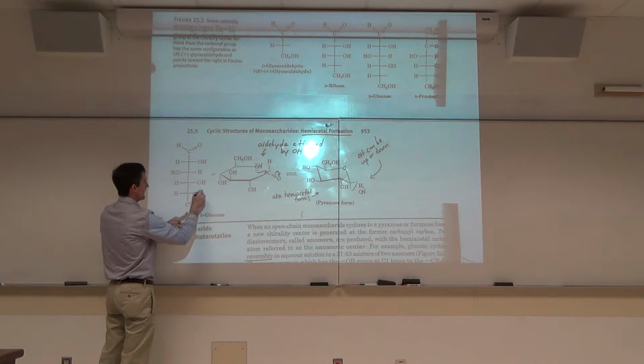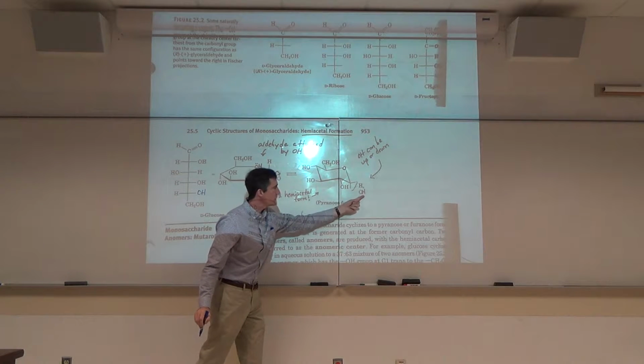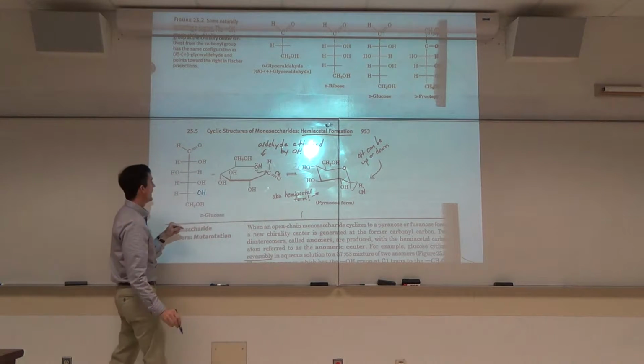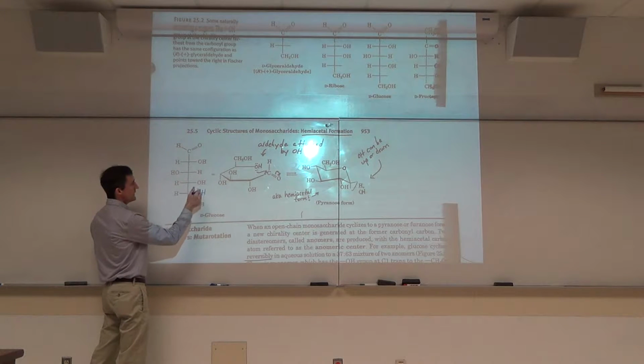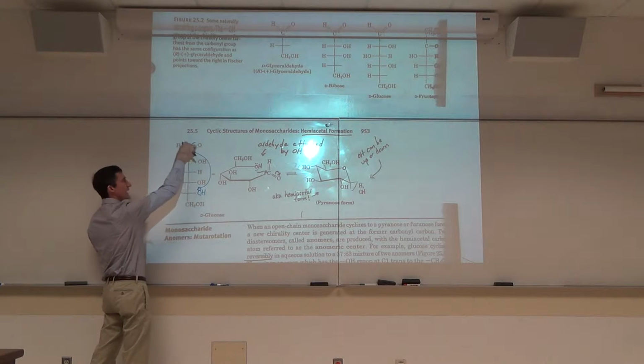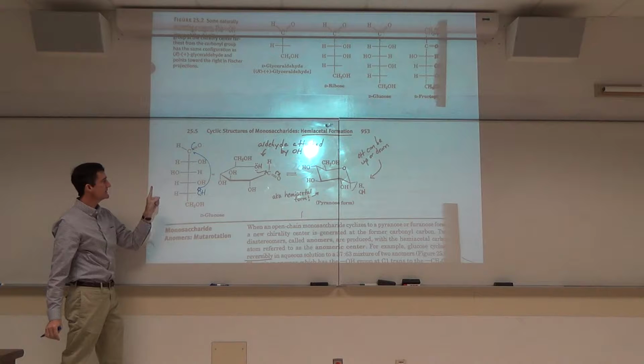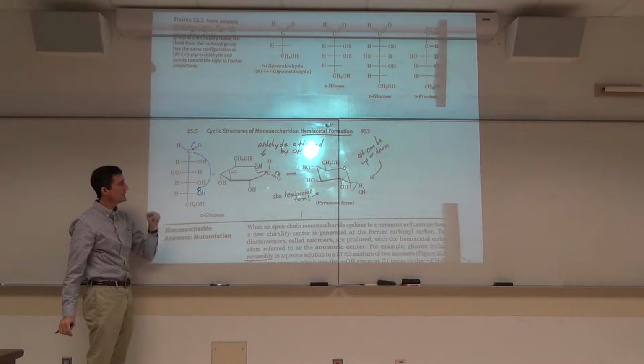What's missing there? An OH. They also left off the H over there, and I wrote it in. But it turns out that this OH actually adds to the carbonyl to make the ring. And you get a 6-membered ring, 5 carbons and 1 oxygen.